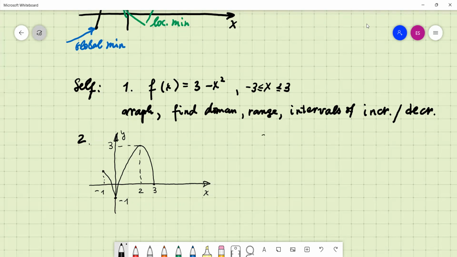Problem 3, I'm going to put it right over here. For problem 3, I want you to use the same graph as problem 2 and find a local minimum and maximum. In problem 2, I want the increase and decrease intervals. Same graph.